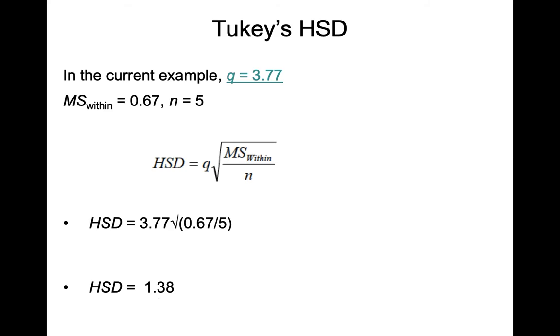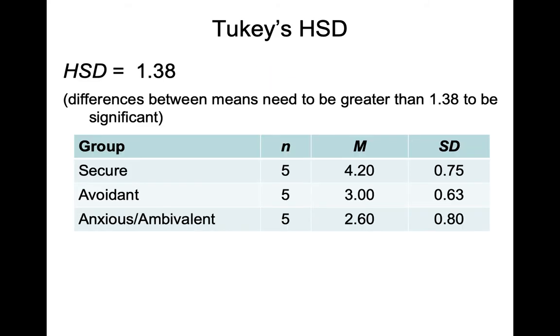The way that we're going to use this honestly significant difference is to say, among our 3 sample means, securely attached, avoidantly attached, anxious ambivalent, is the difference between those means greater than 1.38? And if it is, we'll have a statistically significant result. So here we go. Our differences between our means need to be greater than 1.38 to be significant.